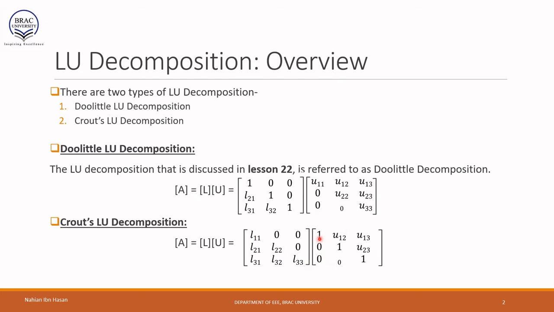Rather, in the upper triangular matrix, the principal diagonal elements are 1. In both of these cases, if we multiply these two matrices, the lower triangular and the upper triangular, we will get the original A matrix. So the difference is in the principal diagonal. Okay, so I hope you were clear about the differences between the Doolittle and the Crout LU decomposition.